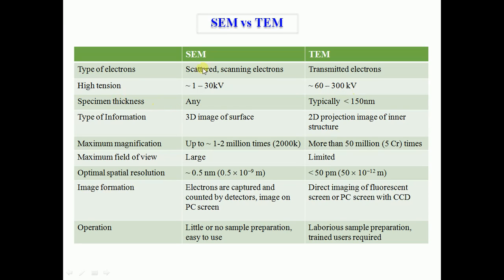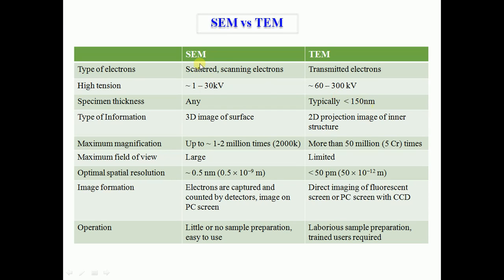Specimen thickness: because SEM doesn't need the transmitted signal, thickness is not the issue for SEM. But in case of TEM, typical thickness is say 150 nanometer, 100 nanometer. But with the help of high voltage transmission electron microscopy, you can see the object where the thickness is even greater than 150 nanometer.